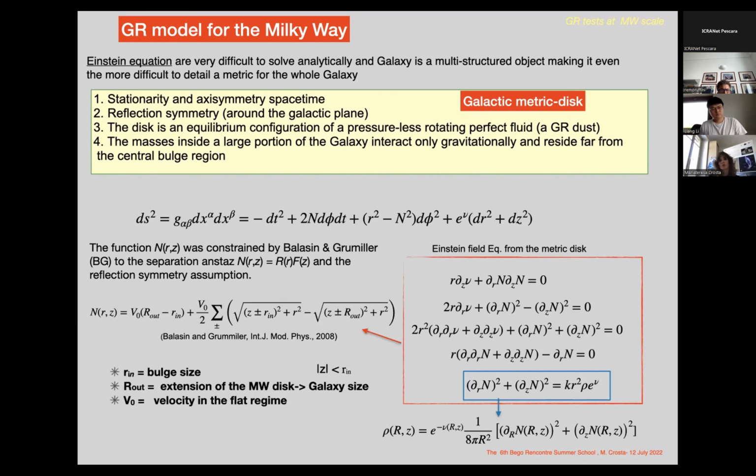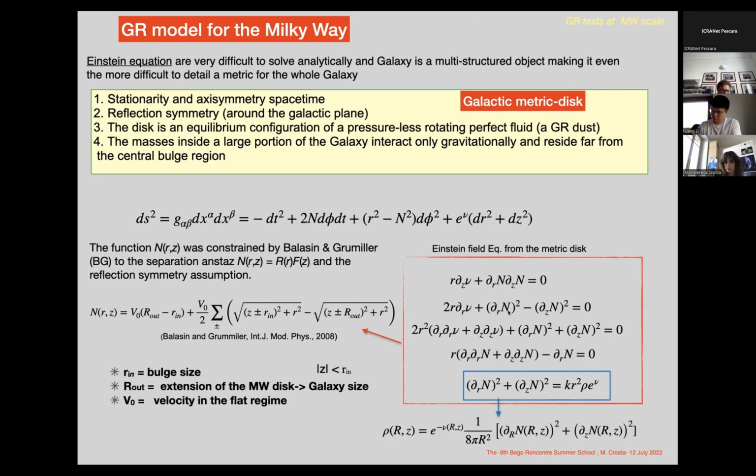One solution of this kind of metric was found by Balasin and Grumiller, which was at our disposal as the simplest assumption for a galaxy model. Simplest means that there is dust, and when we solve the Einstein equations for such a line element, on one side we have the relativistic density.